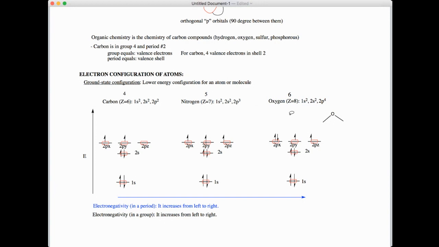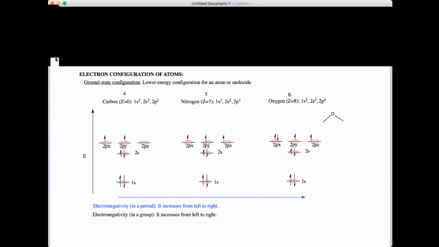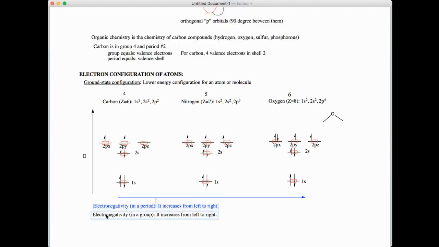Therefore, that makes the atom slightly smaller, and that makes the electrons be closer to the nucleus. So that's why electronegativity from left to right increases. It makes the atom slightly smaller, and there's more attraction between the electrons and protons, exactly, because they are closer to one another.